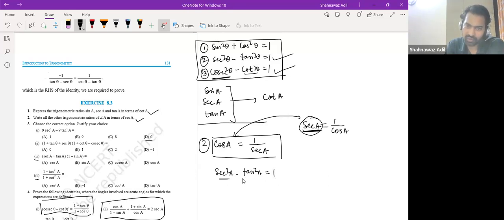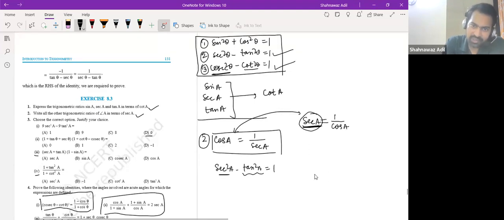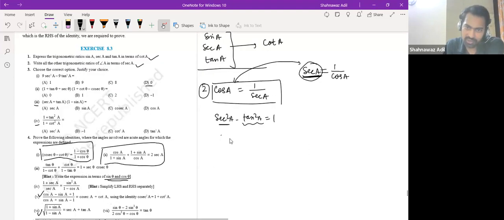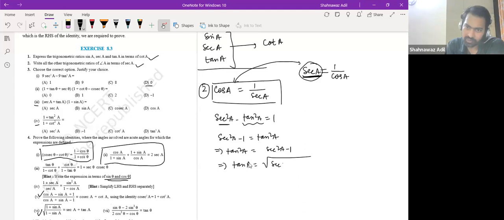So tan square A would be sec square A minus 1, right? So tan square A is sec square A minus 1. So tan A is root of sec square A minus 1, right? So this is the second one.